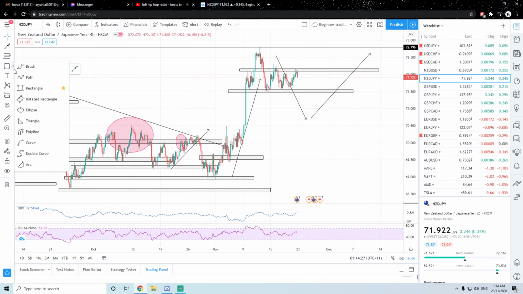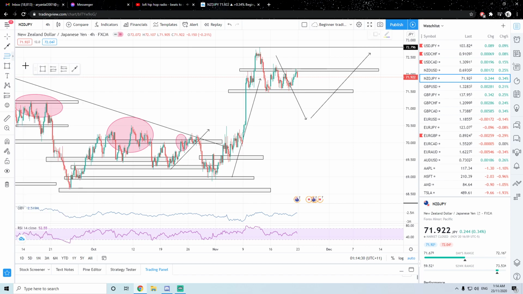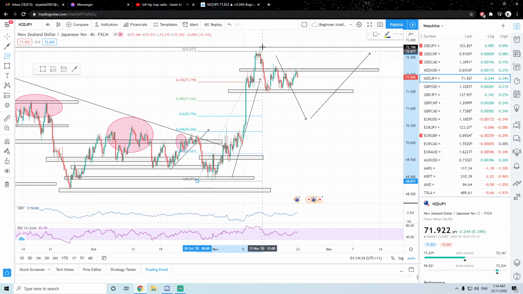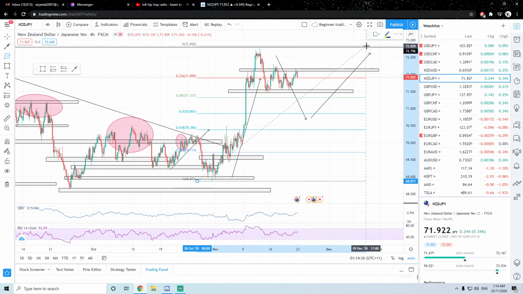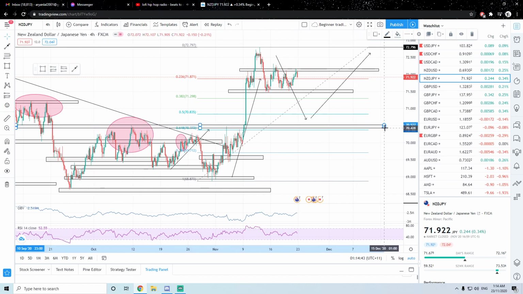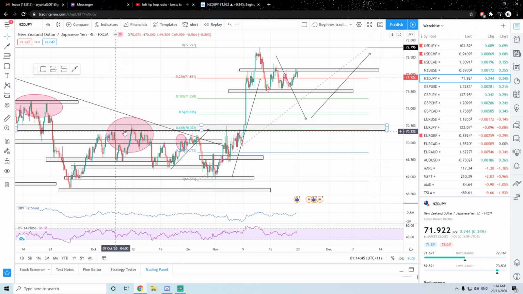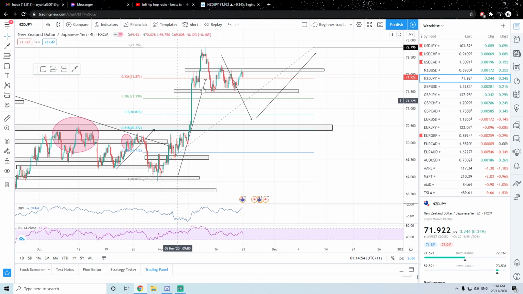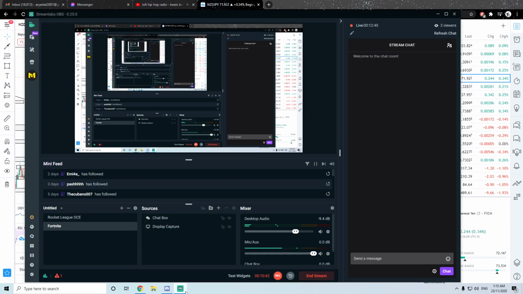So maybe if I were to use a fib, so we'll whip out the fib, my favorite tool, obviously from this low down here to this high up here, just there, then you can see that you'd want your entry to be hopefully at around this level here, where it is a level of support, and then obviously resistance. So you'd want to see it come back and test this area as a level of support.